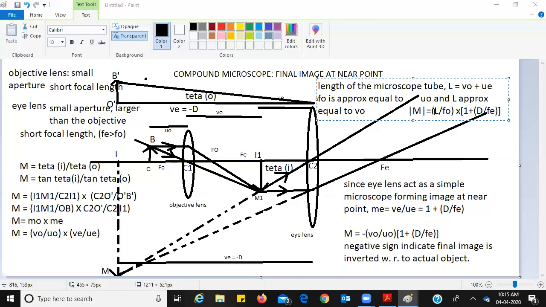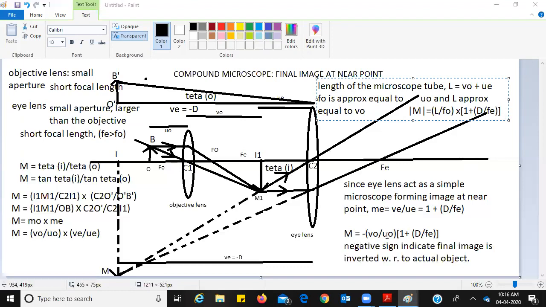Can you check all the terms on the right hand side? Everything is constant. So if a person is going to purchase a microscope, can you simply calculate approximately how much the power is? Is it possible with this formula?